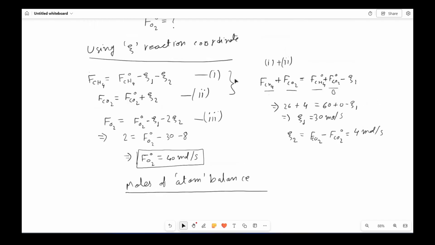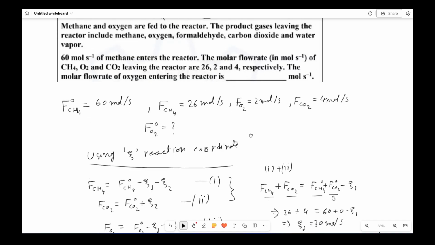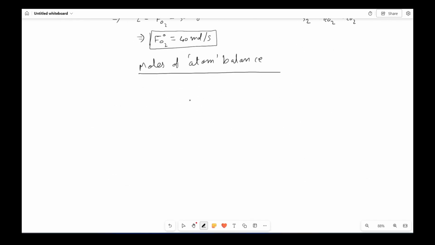Balancing moles of a single C atom will be beneficial. So let me do the mole C balance. Initially we see how many moles of C atoms are present in the system.